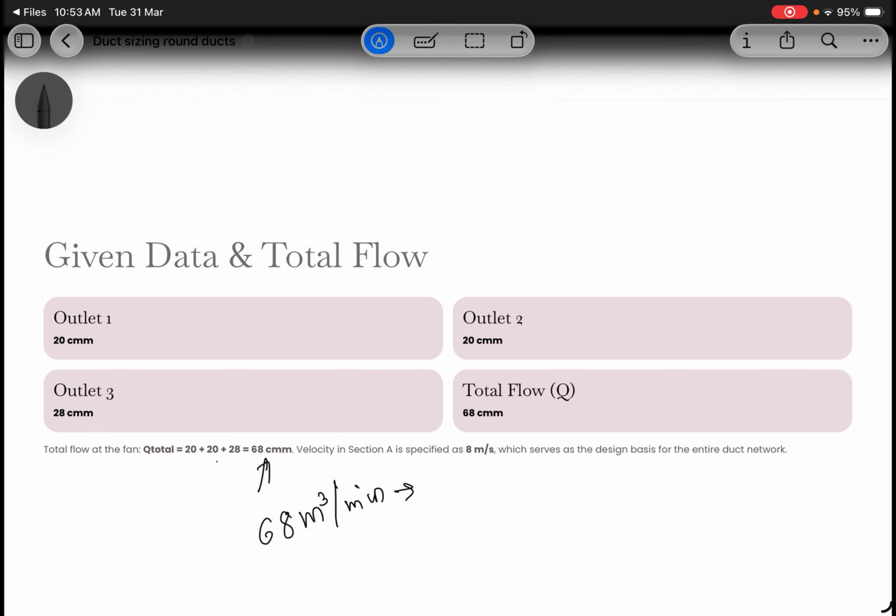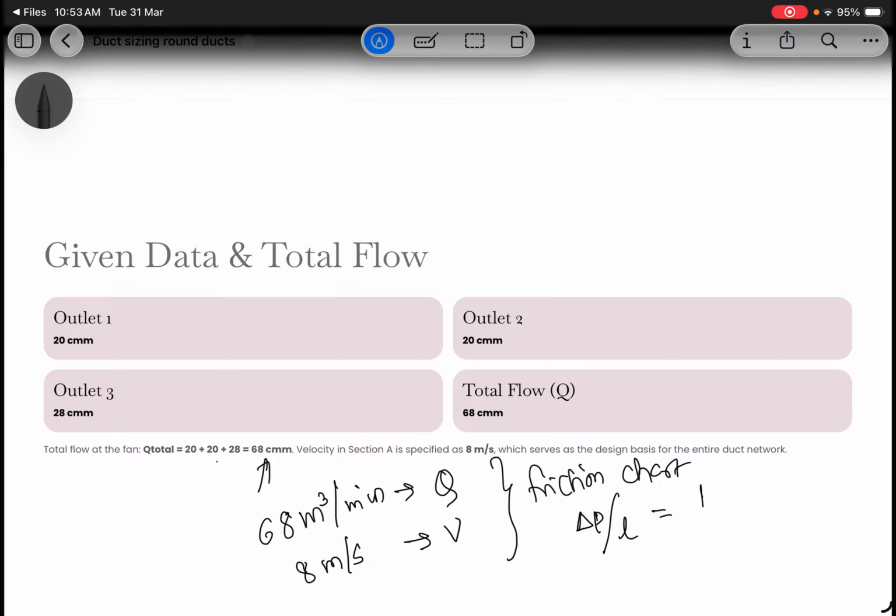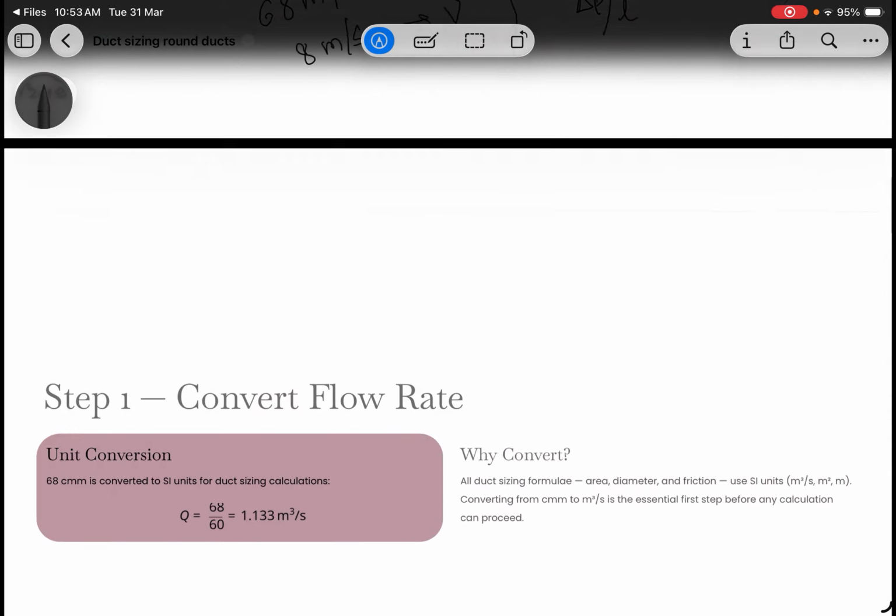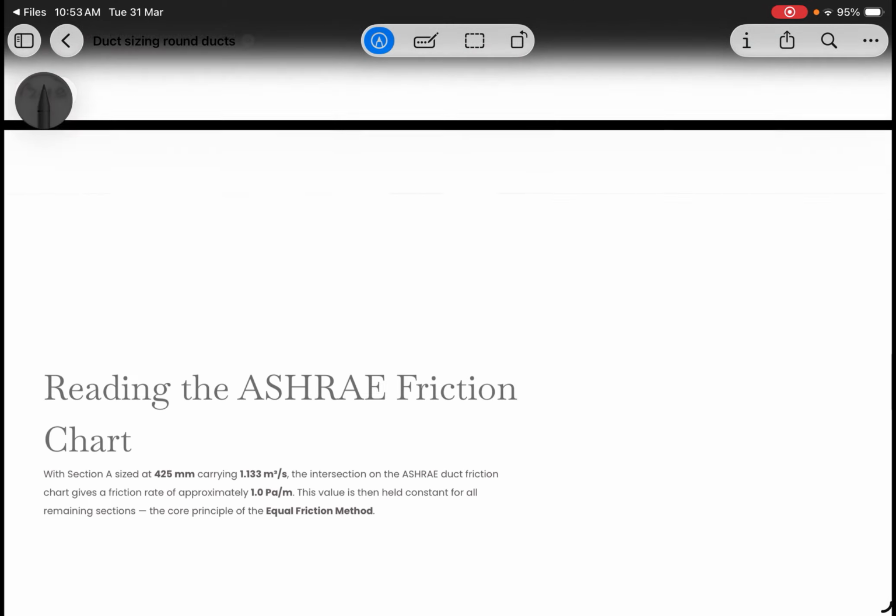This is the flow, and the velocity is specified as 8 meter per second. So from the friction chart you can calculate the friction rate per unit length, which is 1 pascal per meter. How do you get this? You get this from the friction chart.